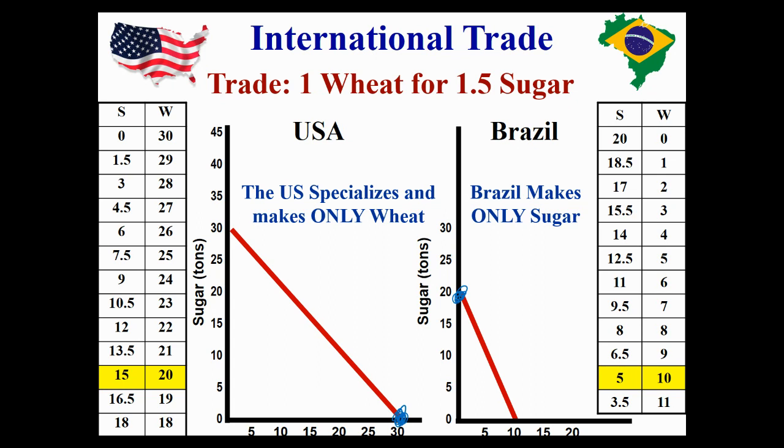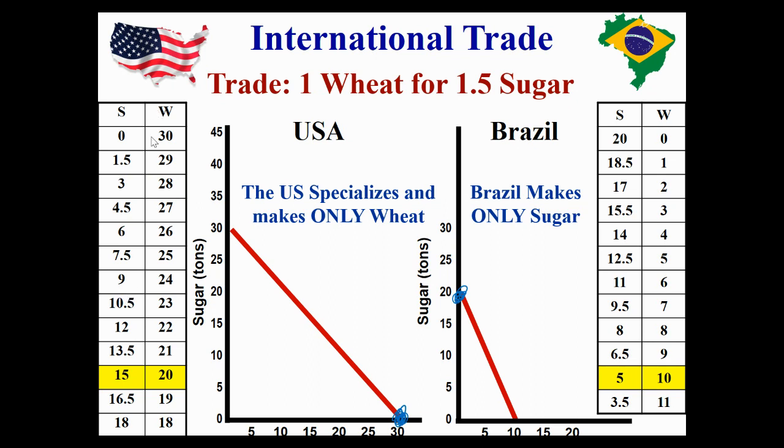So for every wheat that we give up, on the left hand side, if we produce 30 wheats and we trade one, then we're going to get 1.5 sugars in return.